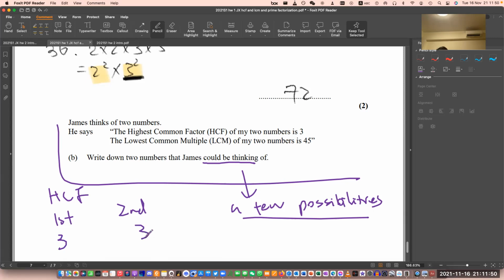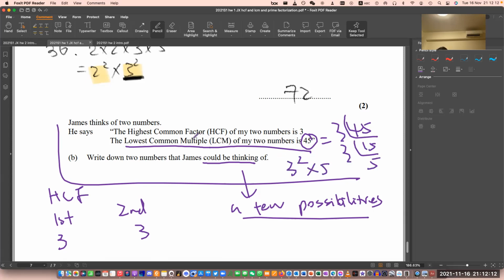For HCF, it must be shared and then lowest power. So both have 3. For the lowest common multiple, my two numbers is 45. So 45, you could have split to 3, 15, 3, and 5. So 3 squared and 5. It says the lowest common multiple is 3 squared times 5.